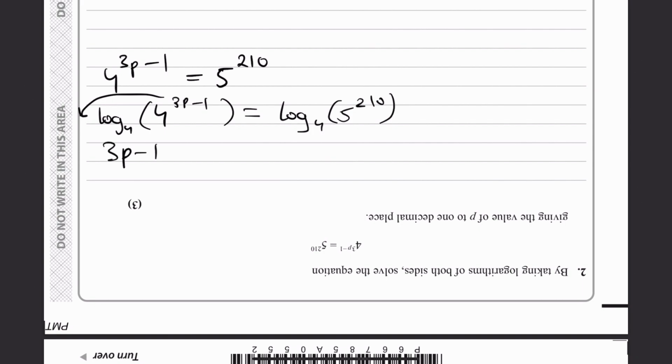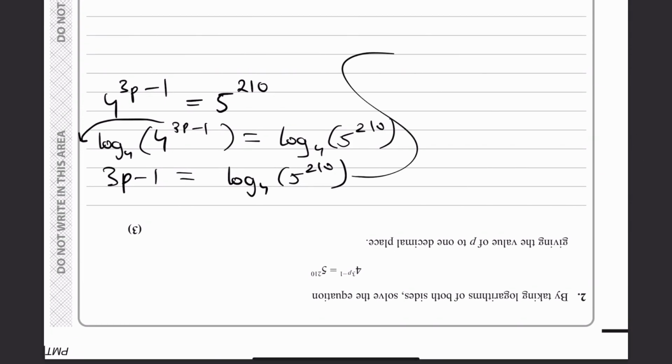So that becomes this is equal to that. And solving for p, just bring this over here so it's a bit easier. 3p is equal to log base 4 of 5 to the 210, so p is going to be that.